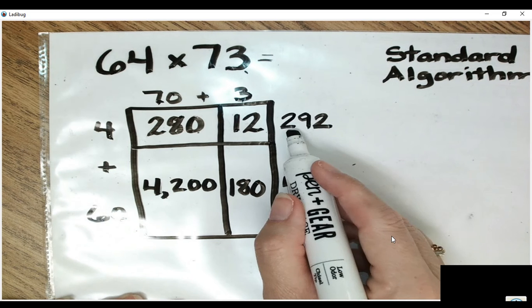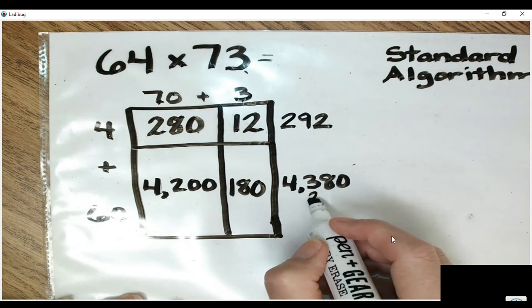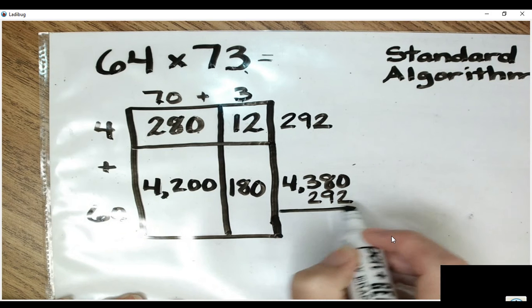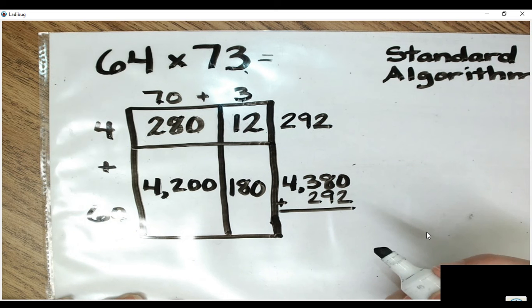And guys, I'm just going to rewrite 292 right here so that we can be sure that I have lined up place value.